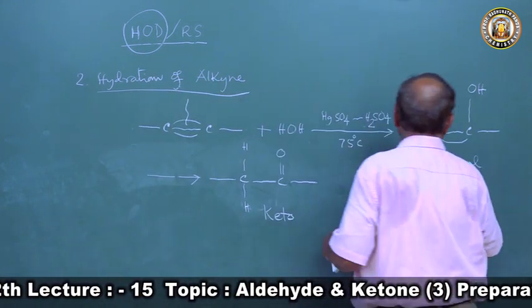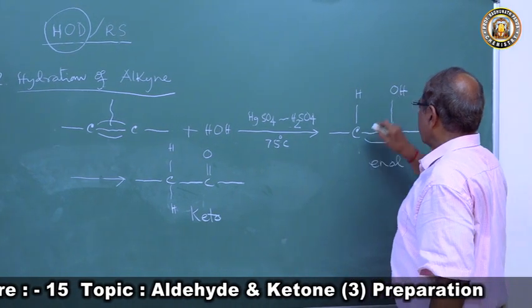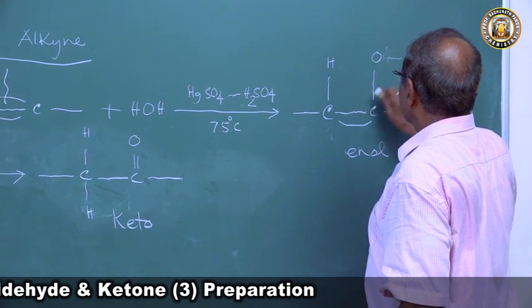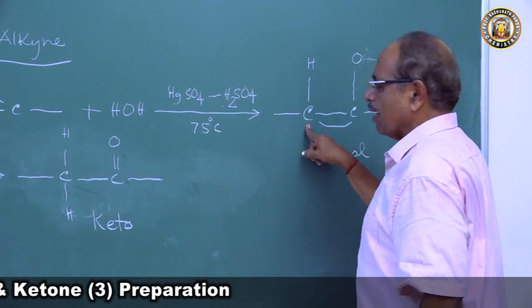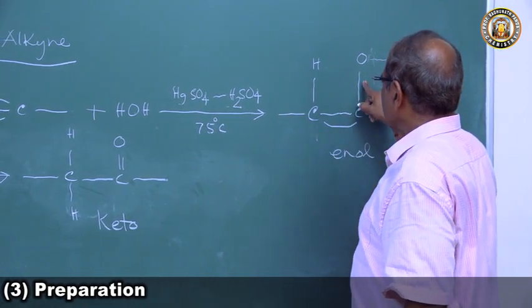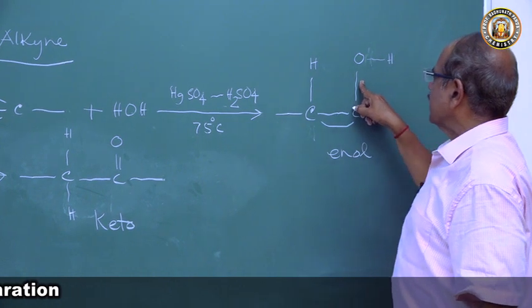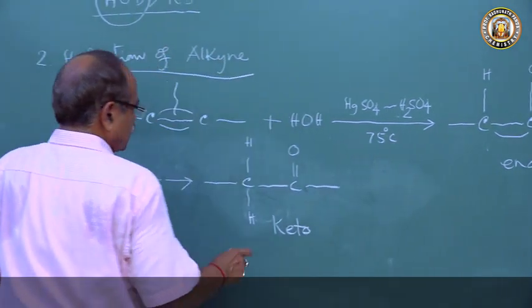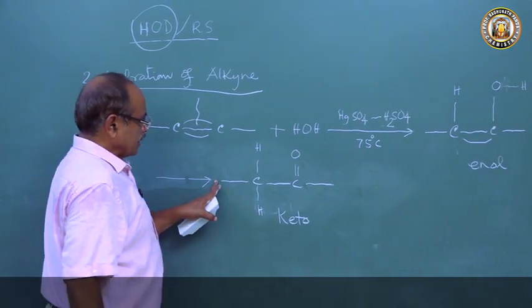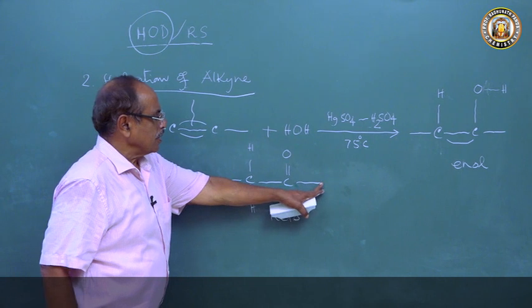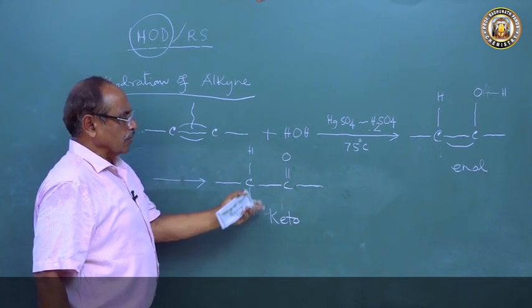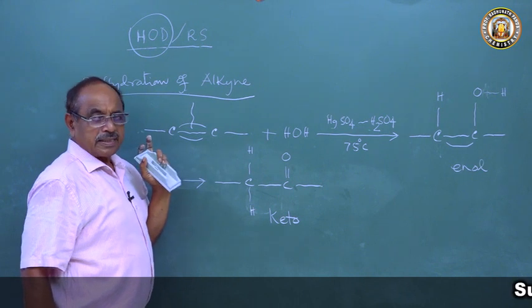So this hydrogen atom comes to this place and the double bond goes to this place. So we get the molecule here. So now if you want to prepare acetaldehyde, you write H here and write H. So here H, acetylene on hydration produces acetaldehyde.